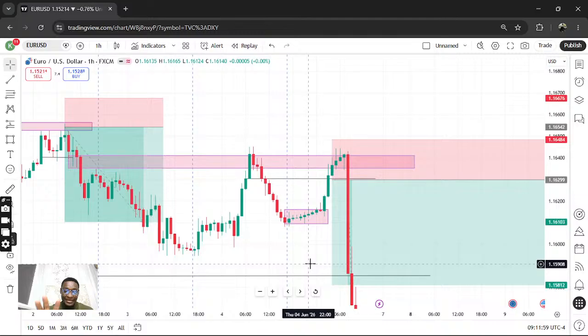First thing you need to do every week before you enter a trade, you must try to understand your weekly bias. Know the kind of candle you are expecting for the week, the direction of the market, what you're expecting from the week.